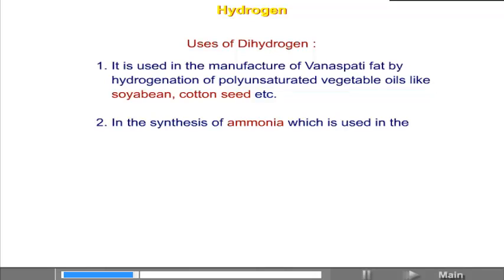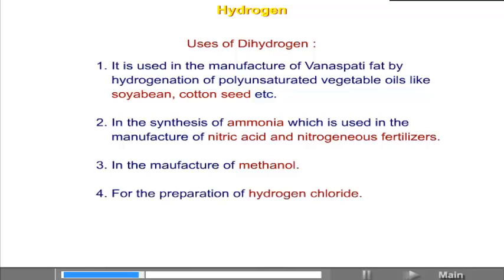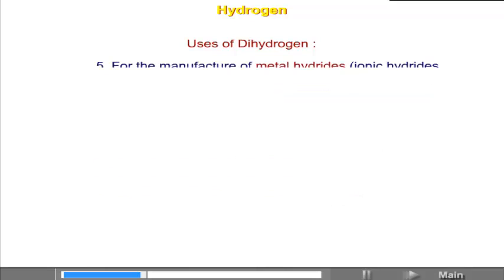In the synthesis of ammonia, which is used in the manufacture of nitric acid and nitrogenous fertilizers. In the manufacture of methanol. For the preparation of hydrogen chloride.